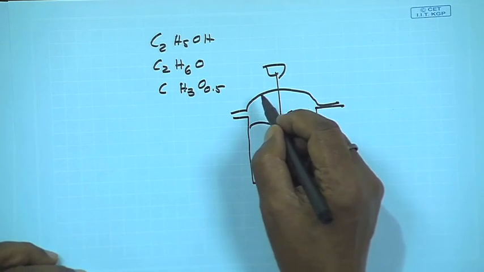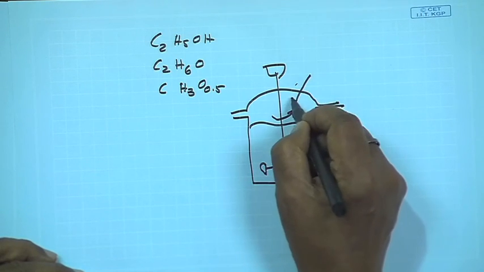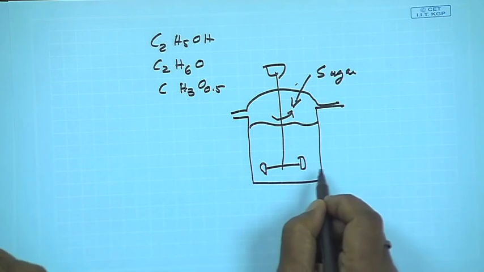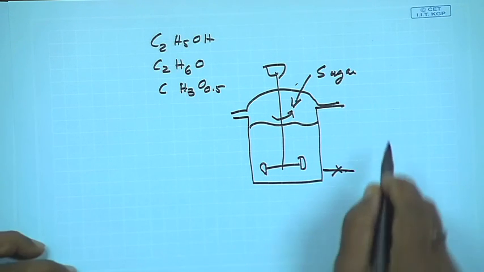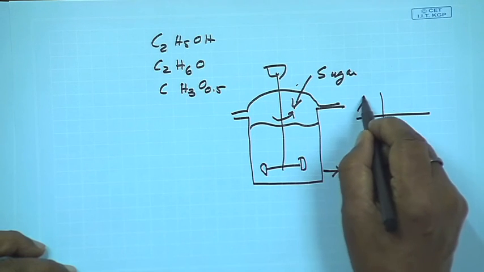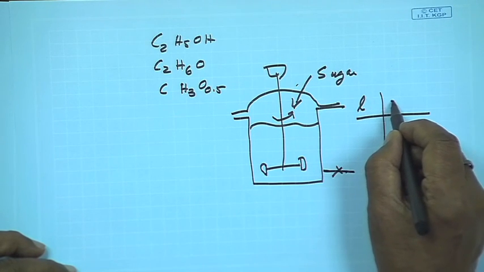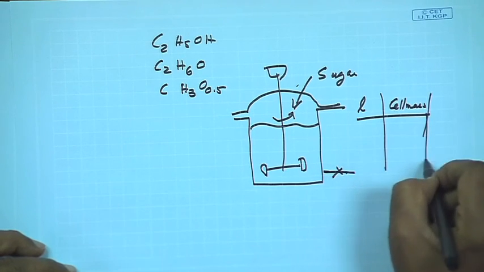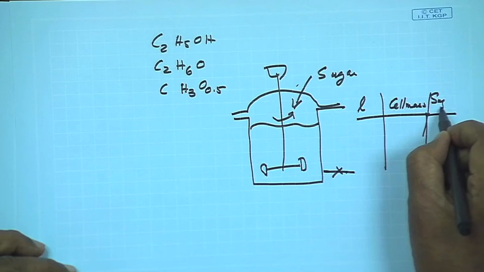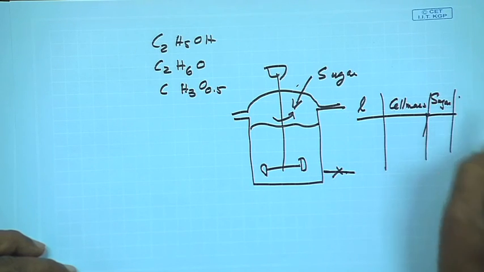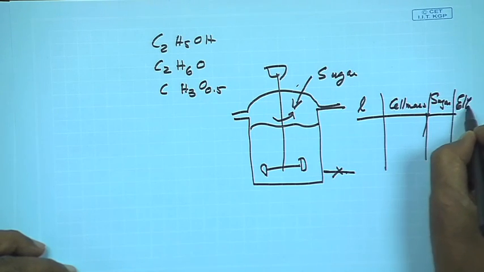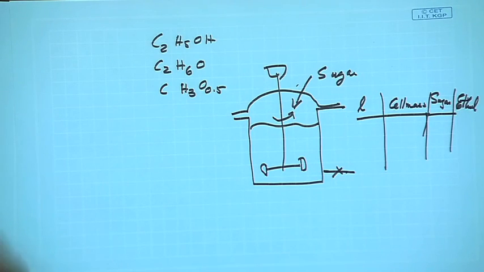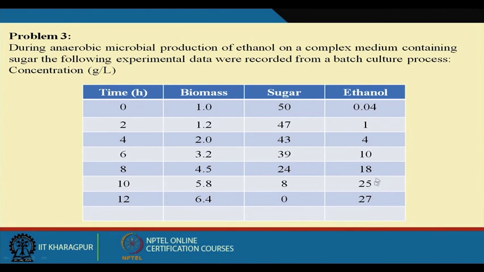What you do is, we put ethanol, sugar in the media, and from time to time we draw a sample, and we find out at different times what the cell mass or biomass production is, then what the sugar concentration is, and what the ethanol concentration is. So we can find out the different concentrations in this reactor.